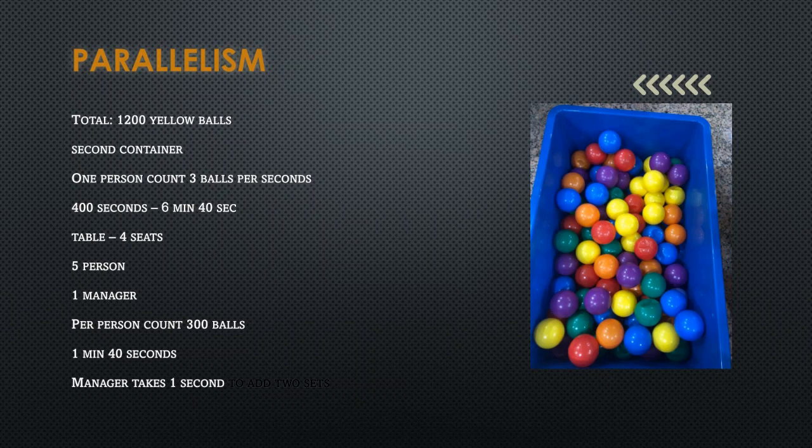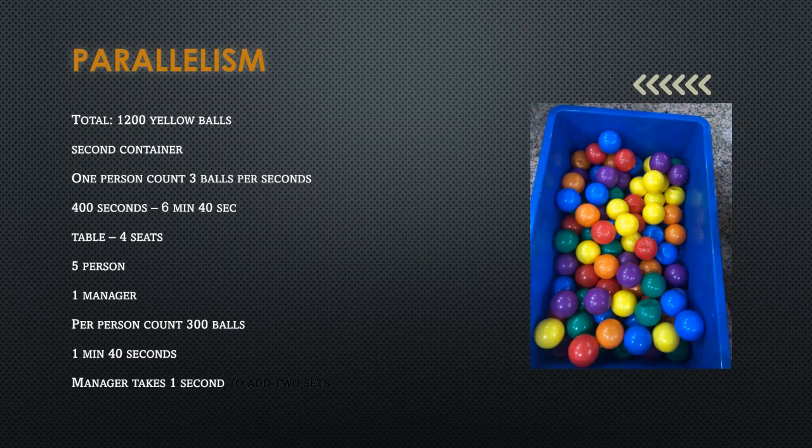So in that case, a few may end up counting fewer yellow balls, and a few will count more. Some will complete the task earlier, and some will need extra time to count all the balls. At the end, these are still 1200 balls, right?